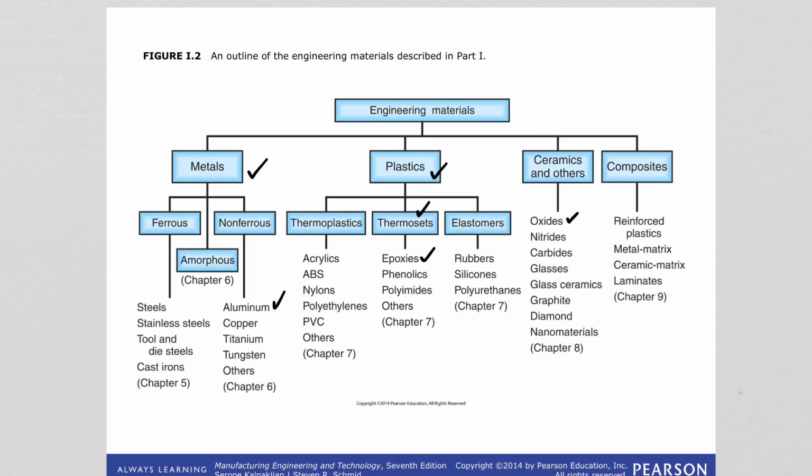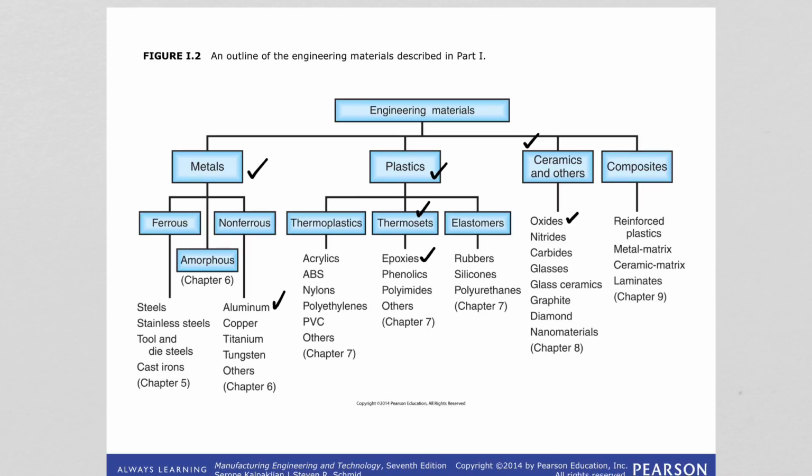And if I say aluminum oxide, you should immediately understand that's a ceramic. This is important because these material family groups all have common properties. And if you understand, let's say this is a plastic or this is a metal, then you're going to understand how to approach manufacturing them, how to process them. Okay, so you need to be familiar with the names of the materials and which family of materials they belong to.